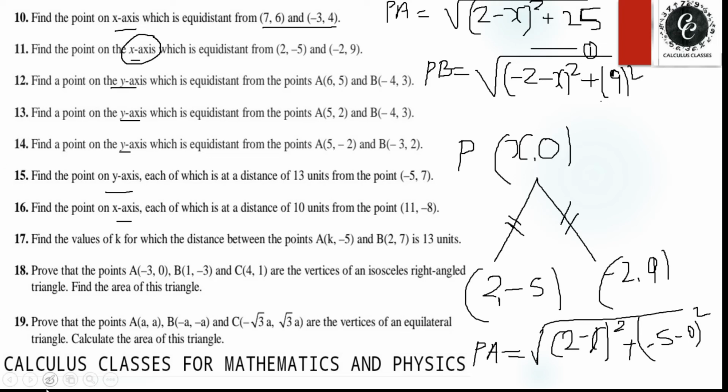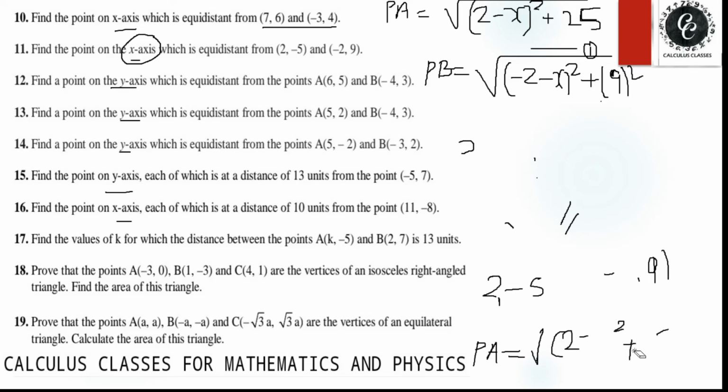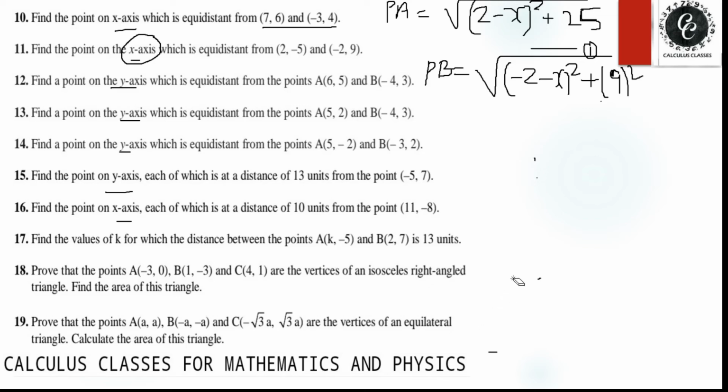So we'll keep PA equals to PB. We will equate them so that it will be easy to understand. PA equals PB because they are saying the points are equidistant.